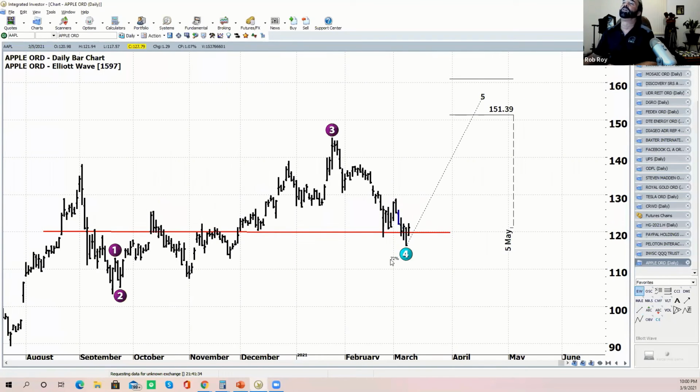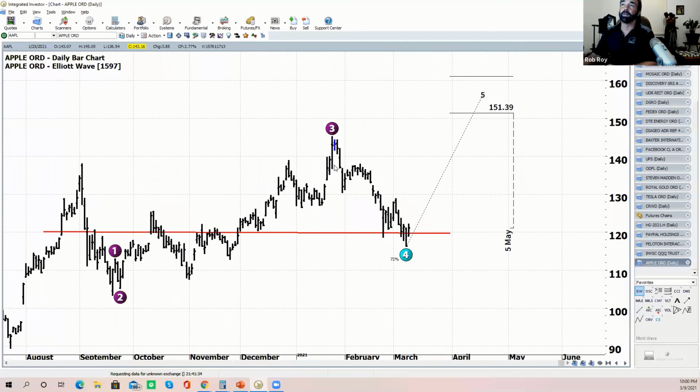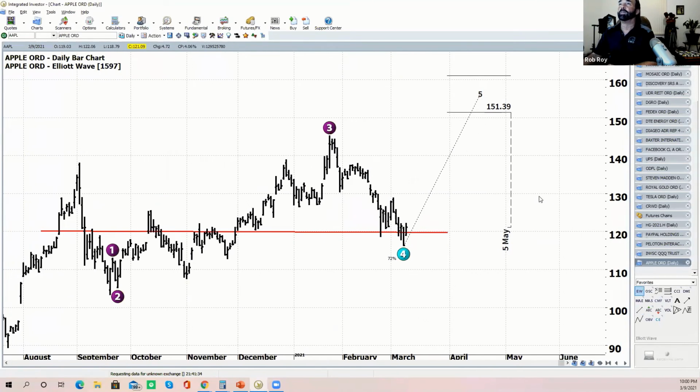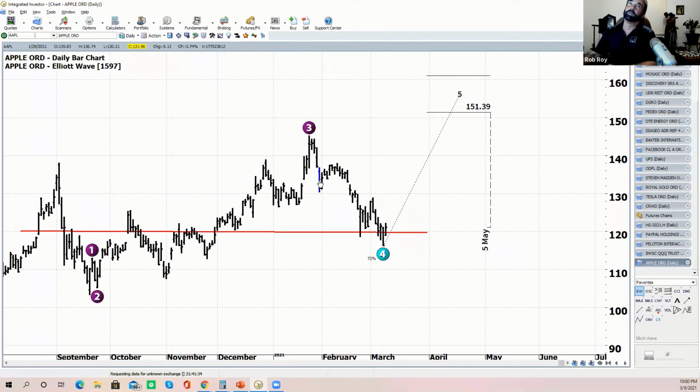Now the wave 4 has corrected 72%. Well, it's broken the 70% rule that Elliott talked about, that if you got to 70%, it disqualified the pattern. So if you get into super technicals, you got to get to the 76% level, the fib level there, but it didn't quite make it that far.